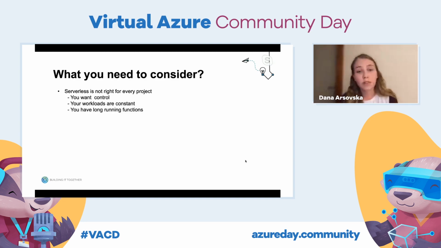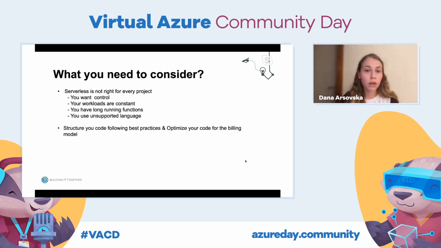If you have very long running functions, then no, you cannot use Azure Functions because you have a time limit, the maximum amount of time which your function can run. And you also need to check the supported languages. For example, Python was not supported until recently, so it should be one of the ones you are familiar with, and it's also supported.